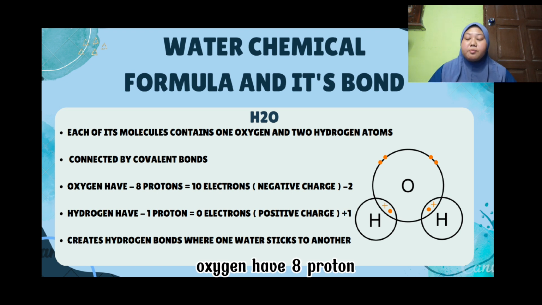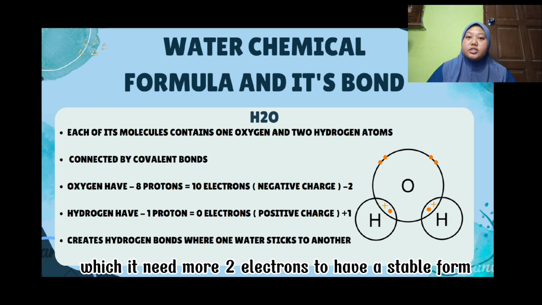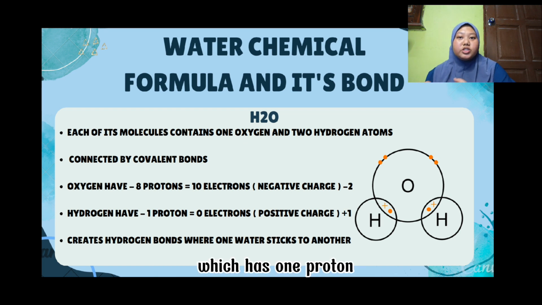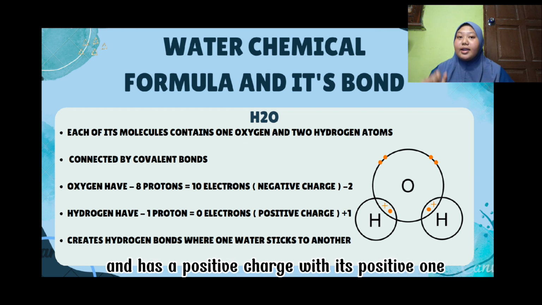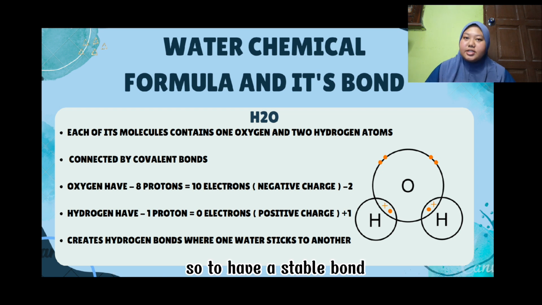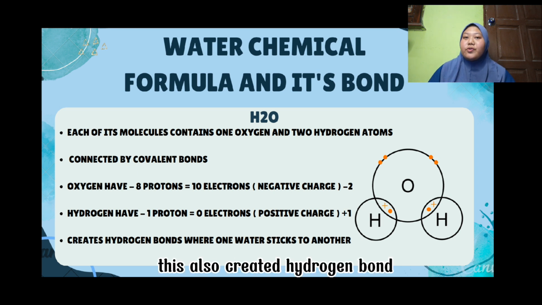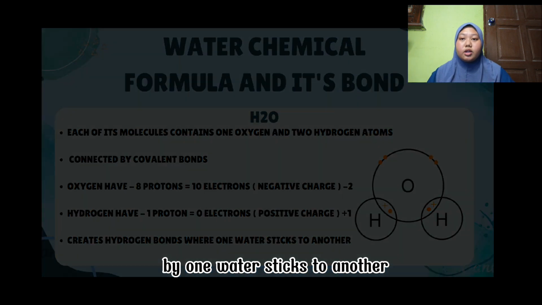Oxygen has 8 protons and a charge of negative 2, so it needs 2 more electrons to have a stable form, which it can get from hydrogen, which has 1 proton and a positive charge of positive 1. So to have a stable bond, we need 2 hydrogen atoms. This also creates a hydrogen bond when one water molecule sticks to another.